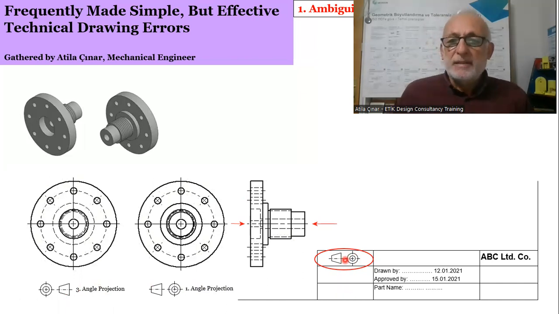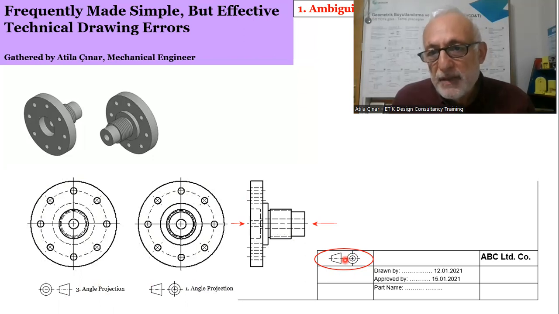Now, who uses the technical drawings? The manufacturers, basically, and the quality control people. Of course, all the manufacturers and all the quality control people have a background in technical drawing reading and technical drawing preparation, and their background is usually based on this method or this method.